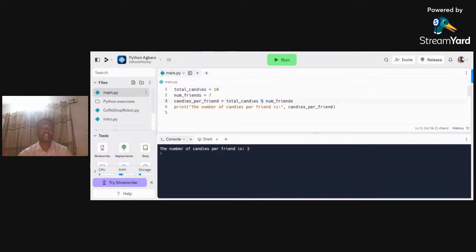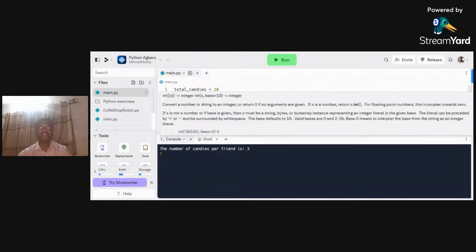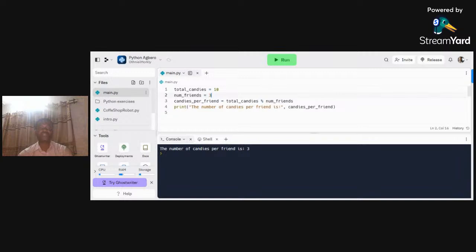So when we said 10 modulo 3, 3 goes into 10 3 times, and what is left over is 1. Right, so my explanation initially was wrong. This always gives you what is left. So 10 divided by 3, 3 goes into it 3 times. But what is left? 1.